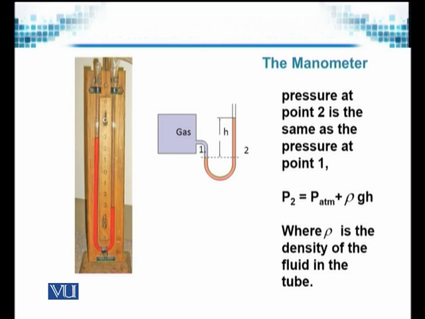So pressure at point 2 is equal to atmospheric pressure plus rho g h. So, and rho is the density of the fluid that is in the tube.